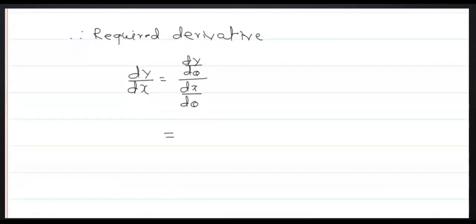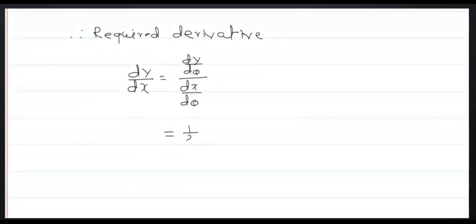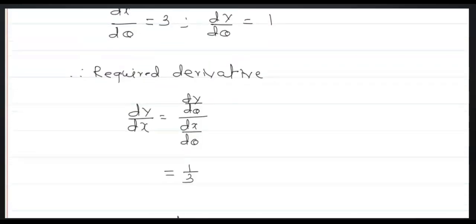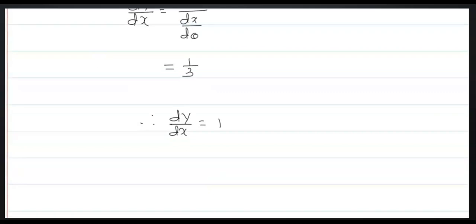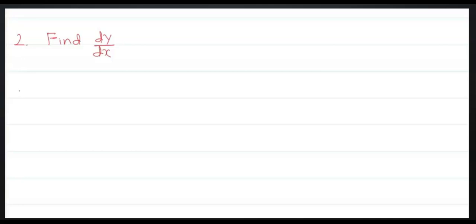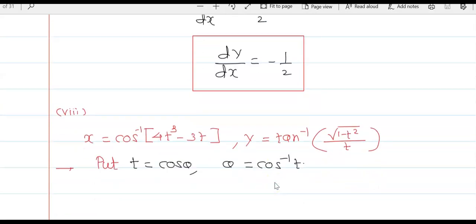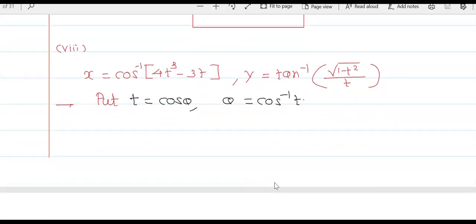That is 1 upon 3. This is dy by dx is equal to 1 upon 3. Also see this, the same, if you want to write, from the board you can write. I will scroll down this only.